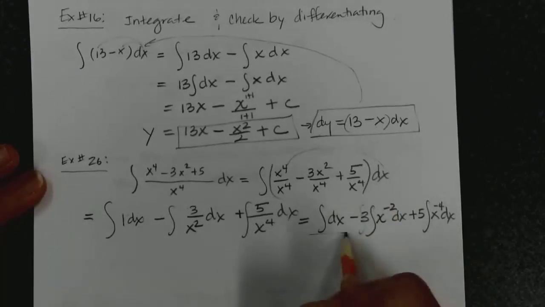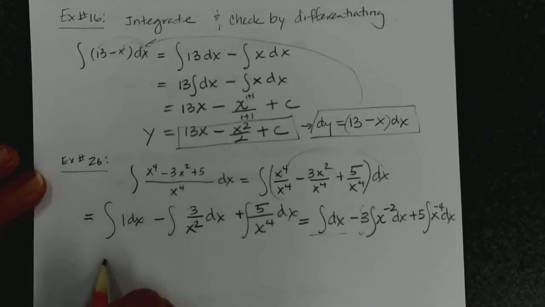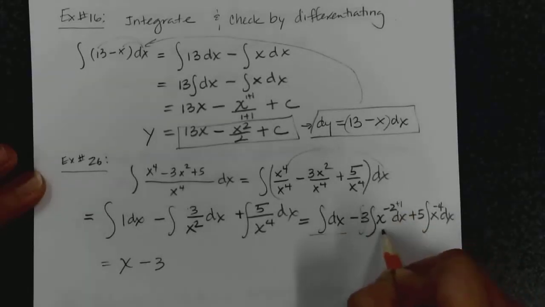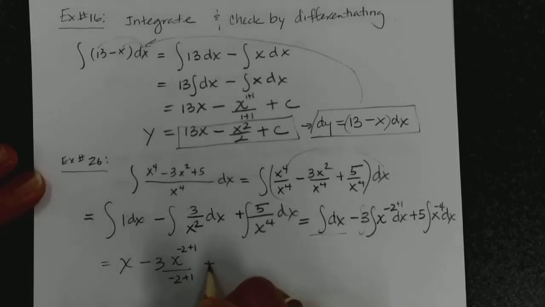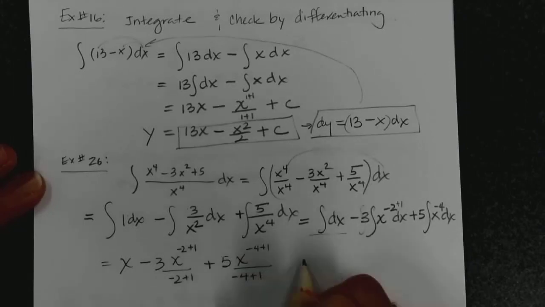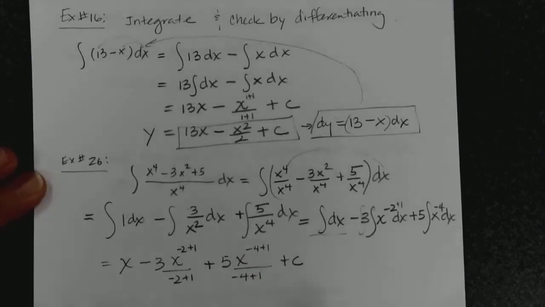So now the integral of dx is just x minus 3 times, now if I add 1 and then divide by the new exponent, so this will be x to the negative 2 plus 1, divided by the new exponent, negative 2 plus 1, plus 5, same thing, x to the negative 4 plus 1 over negative 4 plus 1, and then I've got to have my plus c, the constant of integration.